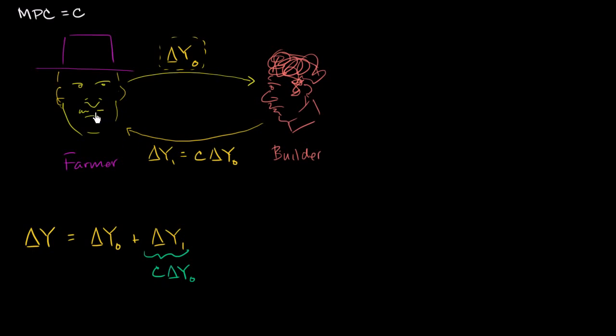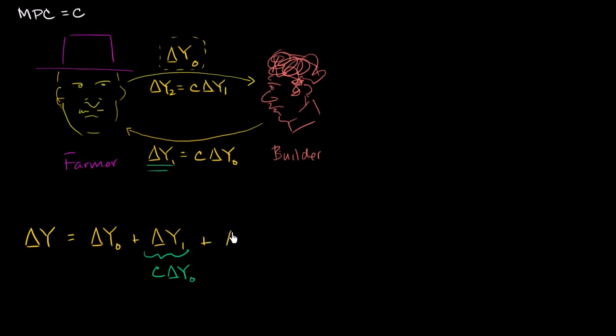Now this guy, above and beyond what he spent in that 0th iteration, is now getting delta Y1. He has a marginal propensity to consume, we're just assuming, of C. So now he's going to spend C times that. He's now going to make an expenditure of delta Y2, which is equal to C times delta Y1.